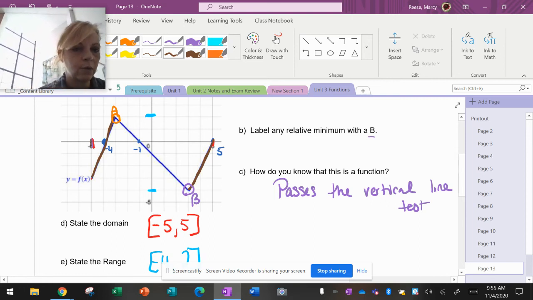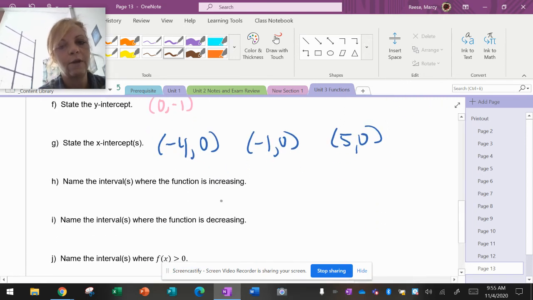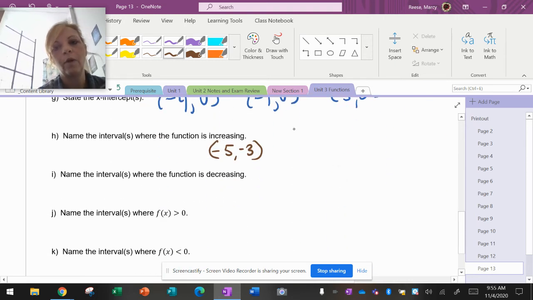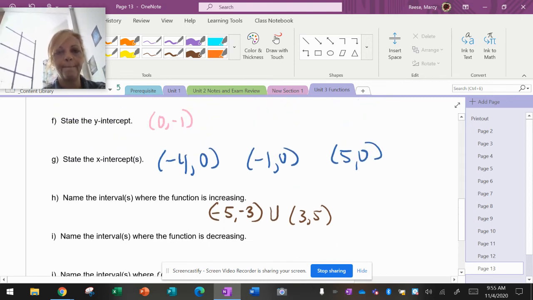The x, where it's increasing and then it turns, looks like it's from -5 to -3. So we're going to say from -5 to -3, and they always put parentheses around it. And then the other piece where it starts to go up the hill again is from 3 to 5. So from 3 to 5. And I'm going to put a U in between, right?